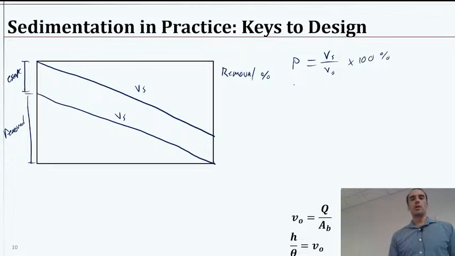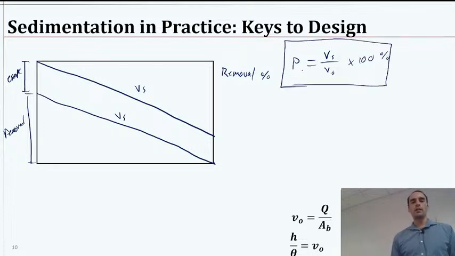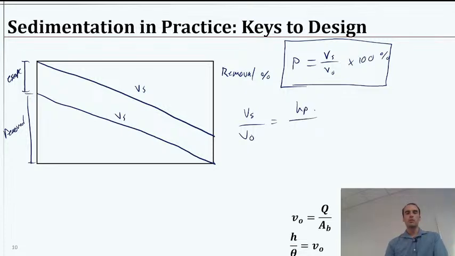But this is another equation we can use. If you want to, you can take a look at the height traveled and relate that to the escape here. And we can correlate that to, if Vs over V naught, this would be, let's say, the height of the particle over theta and the height of the reactor over theta.